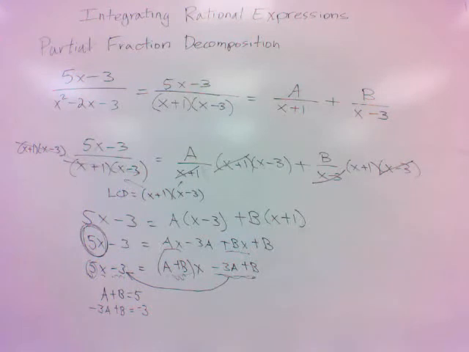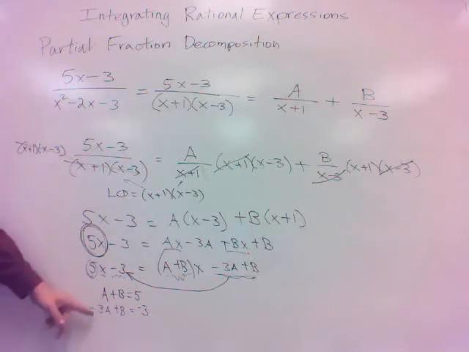Well, I need to figure out what a and b are. What basically do I have here? I just have a system of equations. So I just need to solve my little system of equations, however floats your boat there.